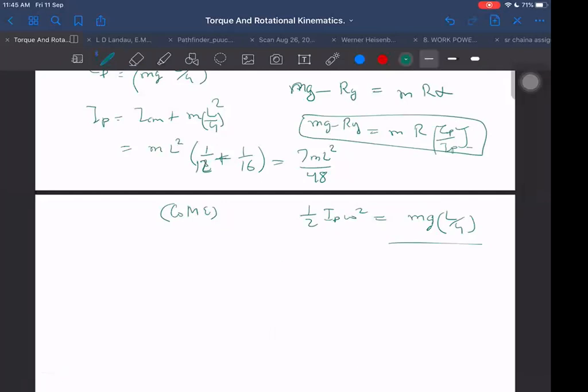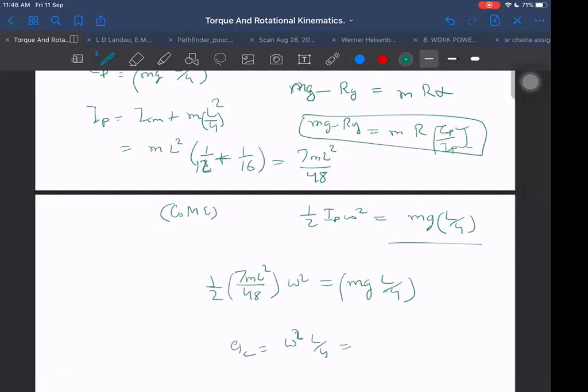mg into L by 4 is equal to half of IP omega square. What is IP? As we have found already, IP is 7 ml square by 48. Then I have to get omega square into L by 4, which will be my centripetal acceleration. So what is omega square L by 4?